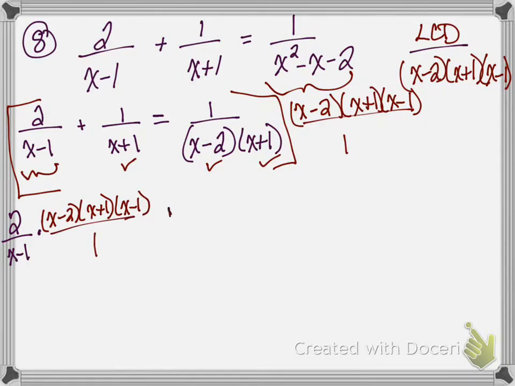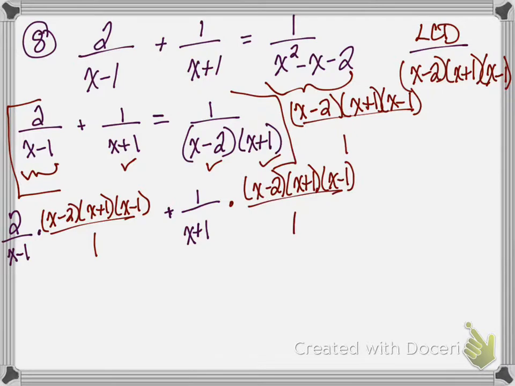Then I have plus 1 over x plus 1 times x minus 2, x plus 1, x minus 1. And that is equal to 1 over x minus 2, x plus 1, times x minus 2, x plus 1, x minus 1.